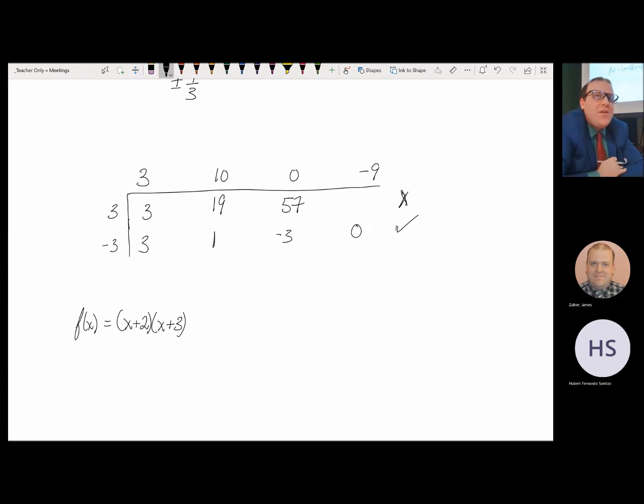x plus 2, x plus 3 are now factors. We're left with what? 3x squared plus x minus 3. We've reached a quadratic. Can that factor?